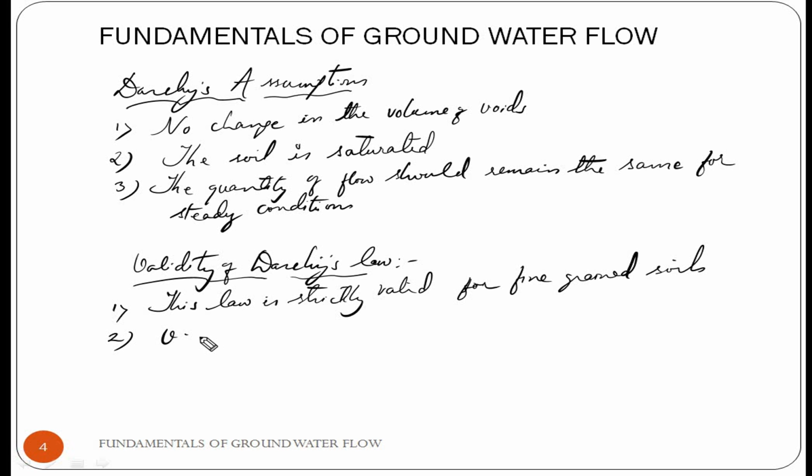And here V is equal to Ki, and V is directly proportional to i, that is, velocity is directly proportional to the hydraulic gradient.